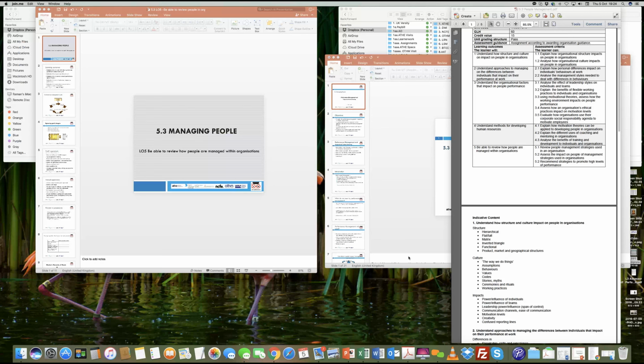Similarly, depending on the size of the organization and the number of people you manage, you should be able to understand what structure is to be put in. And once you put in the structure, you should be able to manage your staff effectively.